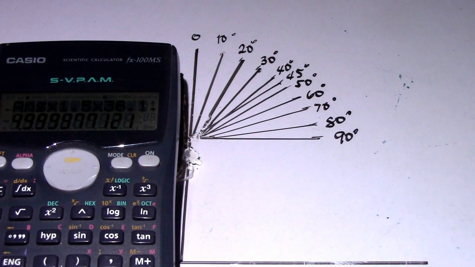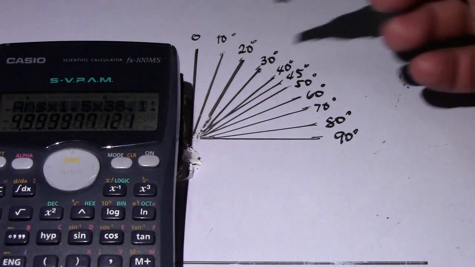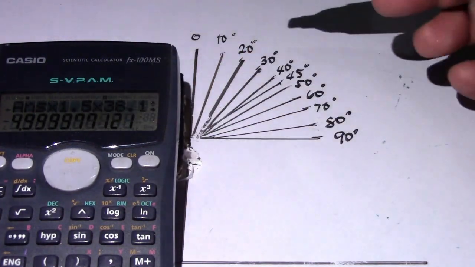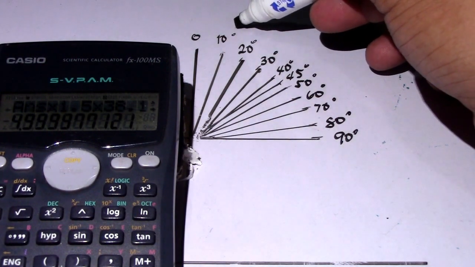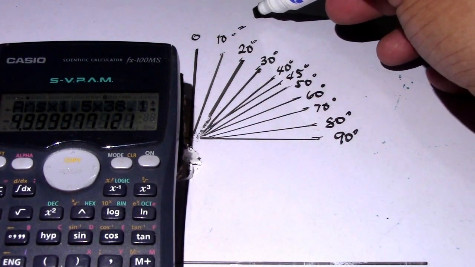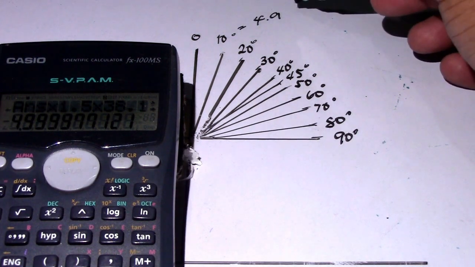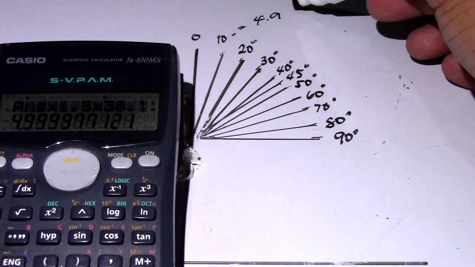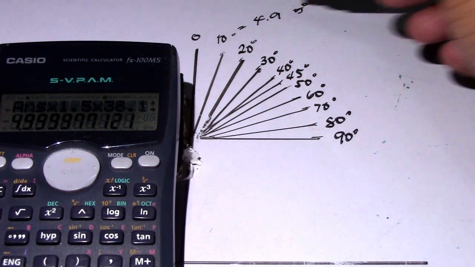So our answer for the 10 degrees is 4.9. This is our constant angle for 10 degrees, and if we round it off, this is 5 degrees.